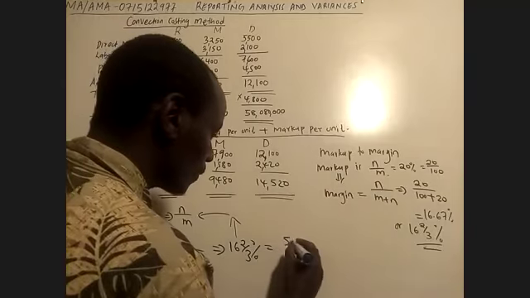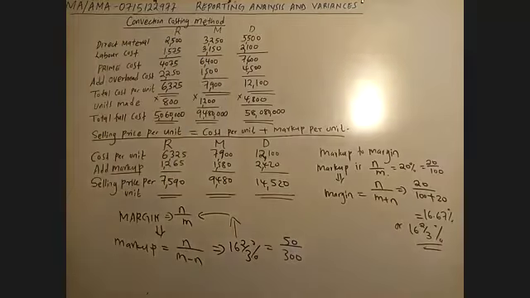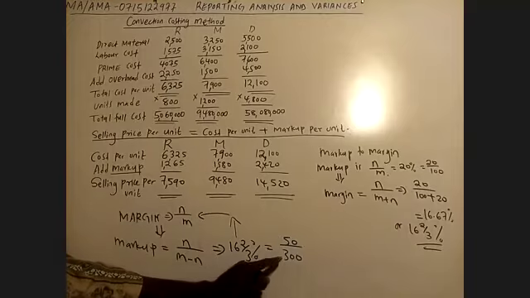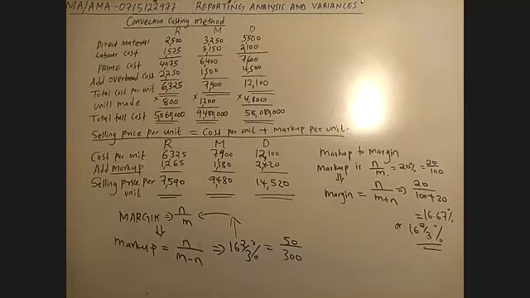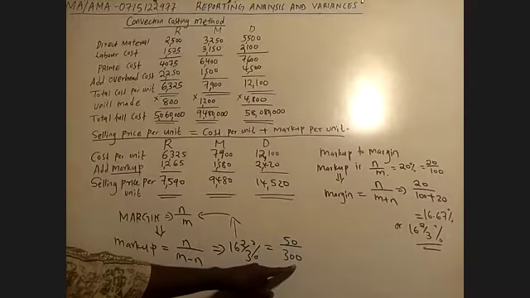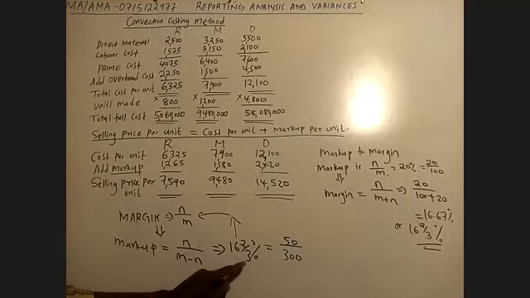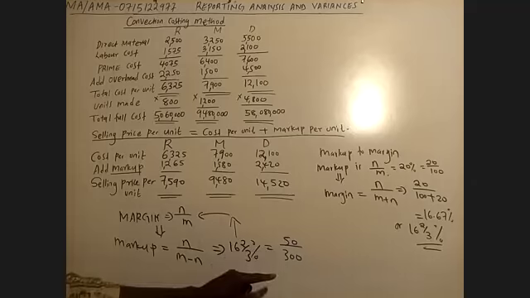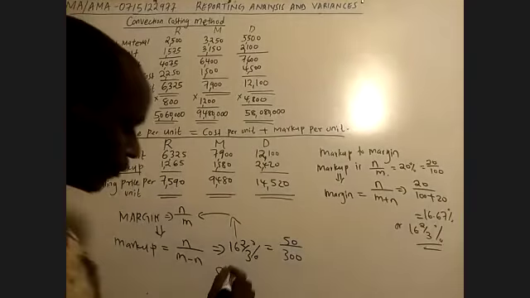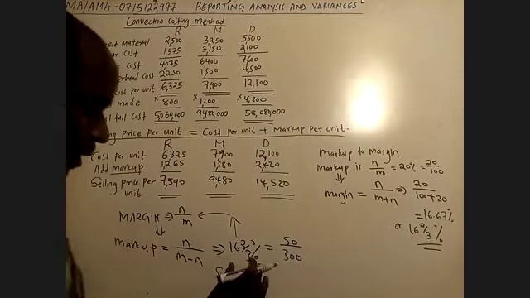So this one is 50 over 300. Is that the same as saying 16 2 over 3? Remember it's percentage, so for the 3 you put 300 and 2 times 100 because it is a percentage. So 16 times 3 plus 2 is 50 over 3, but because it is in percentage it becomes 50 over 300.